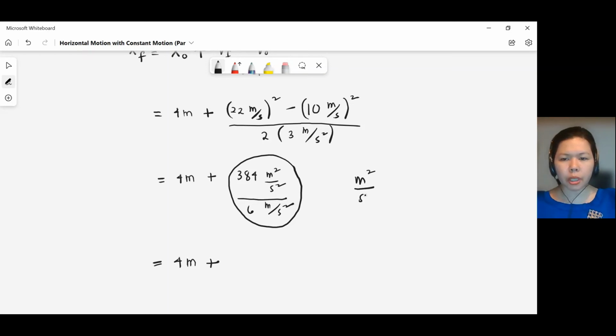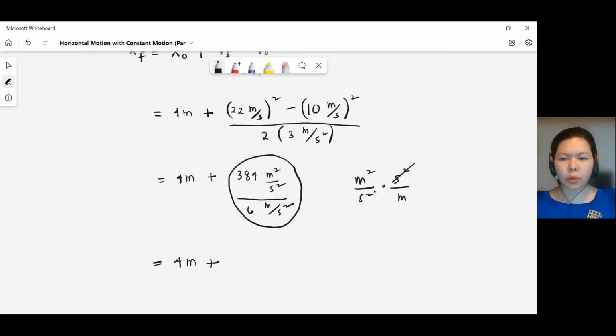Meter squared over second squared divided by meter per second squared, or times the reciprocal of the denominator, it's second squared over meter.